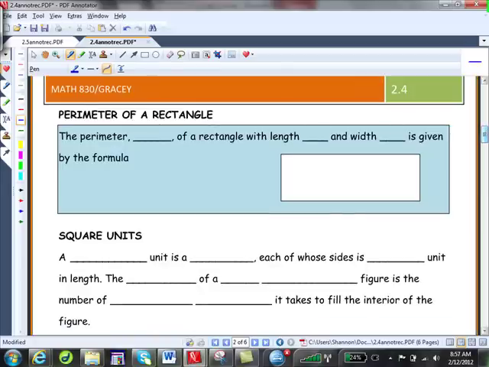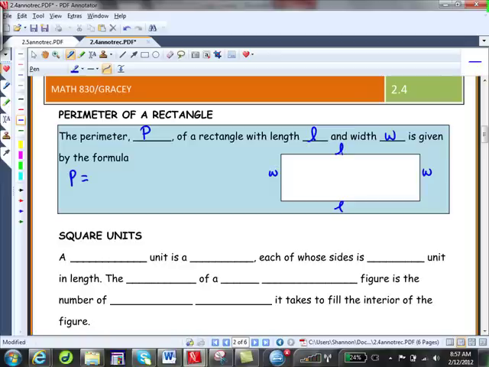All right, now you've worked with rectangles many times in your math lives. The perimeter, which is denoted by P, of a rectangle with length L and width W, is given by the formula. Perimeter is, so how many W's do we have? If you look over here, the thing about a rectangle is opposite sides are equal.